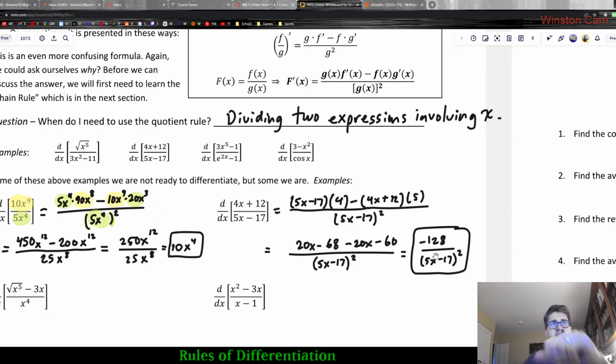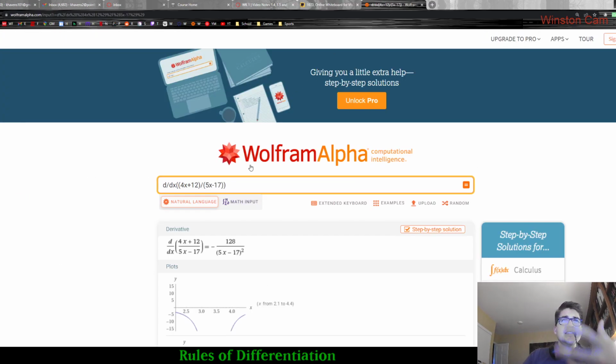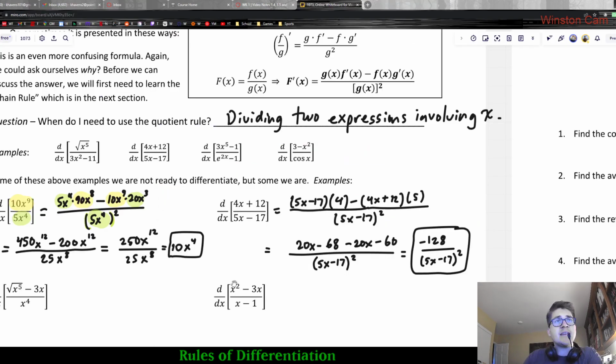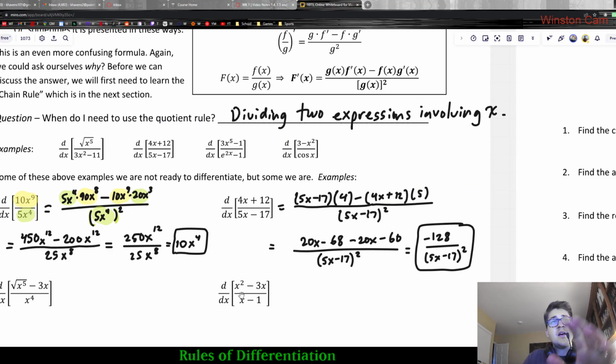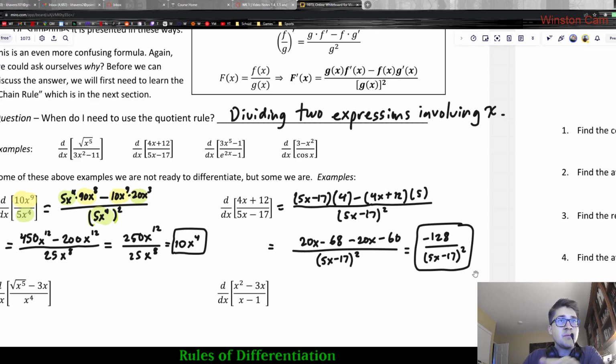Perfect. Got it. And this is how I recommend using such programs if you want to check your derivatives. Which again, when it comes down to homework, use it to check yourself, not to just solve your homework for you. And when it comes to exams, you need to show all your work anyway. So that will not do you any good on an exam because, first of all, that would be cheating.